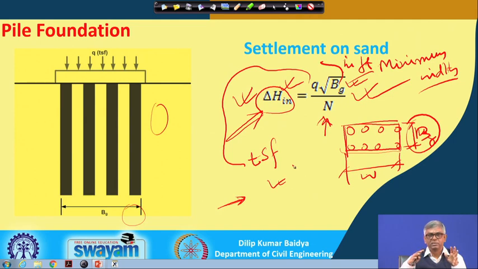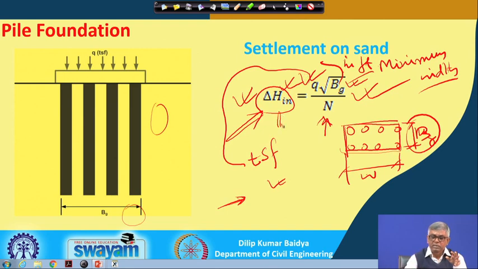The third model is if the pile is embedded in uniform sand, in that case there will be elastic settlement, and that elastic settlement one can calculate by using this formula. This is an empirical formula, and it is unit dependent. Whatever unit is mentioned here, only the same unit you have to use, otherwise you will not get the correct result.